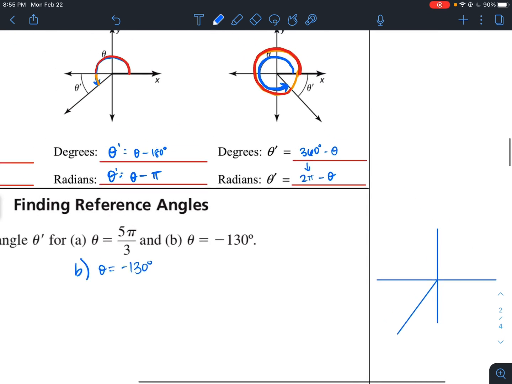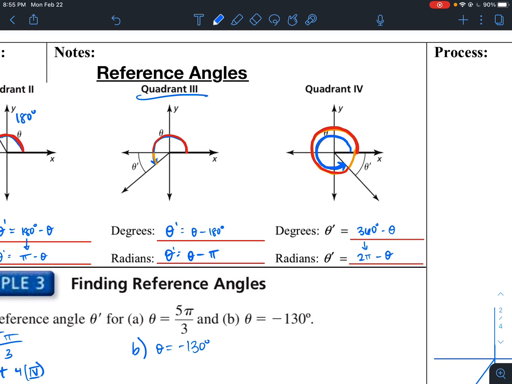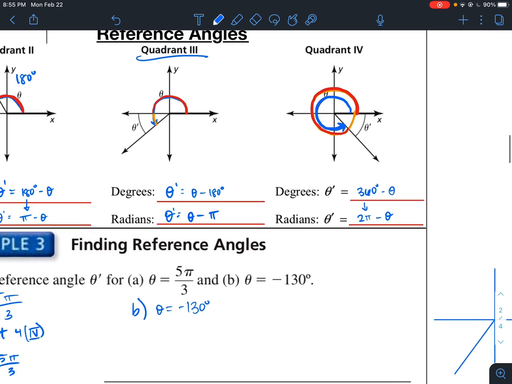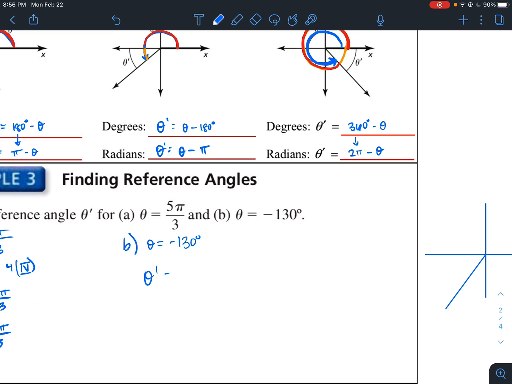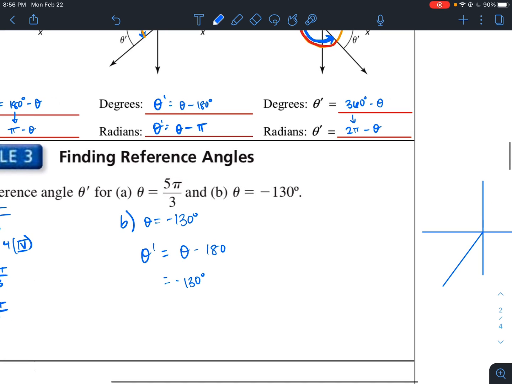Because I'm in quadrant 3, I can take my angle and subtract 180 degrees from it to find my reference angle. So my reference angle is equal to theta minus 180. My theta in this case is negative 130 degrees, and then here I can subtract 180 degrees from that.